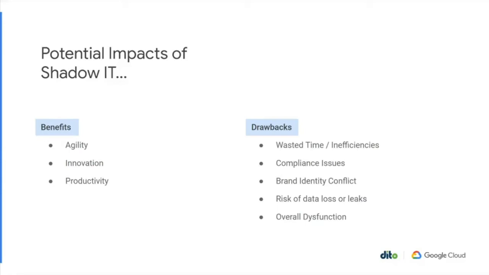Then this is just the personal biggest one that I encounter with my customers: risk of data loss or leaks. Essentially, if you have users that are going and spinning up shadow IT accounts and services, there's no governance over or controls over those accounts when that user leaves the organization.